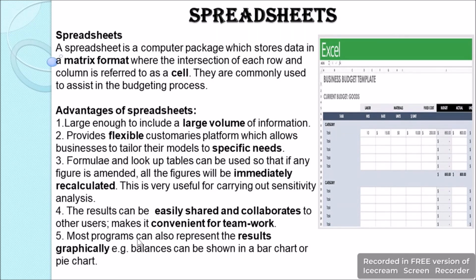Furthermore, when we use a computer application for our budgetary control system, we can not just present our data in numerical form, but also in graphical form, like bar charts and pie charts for different departments' budgets, and this has a much better visual effect and will be more motivating.